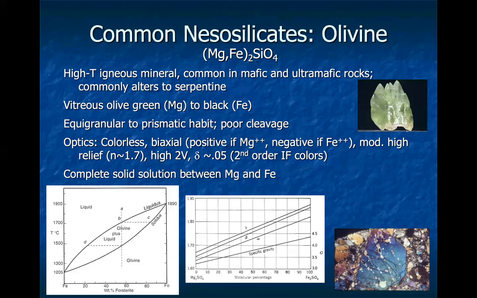And under the microscope, I don't think you have had a chance yet to see the optical images of olivine. It's colorless, and it can have high interference colors under the thin section.